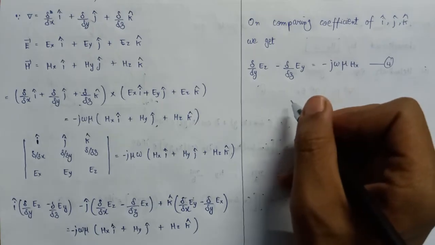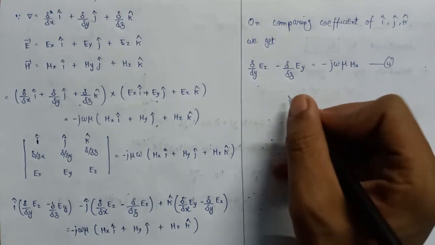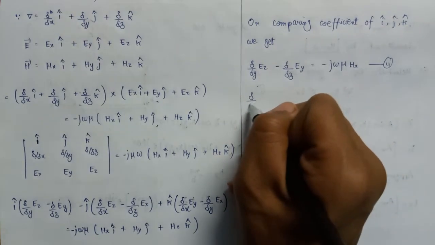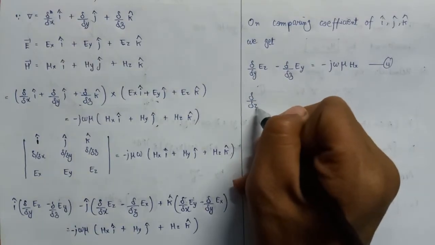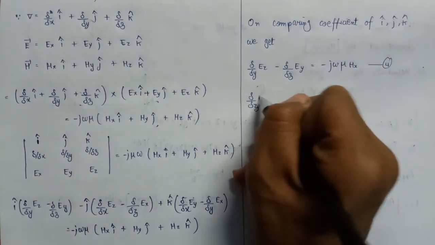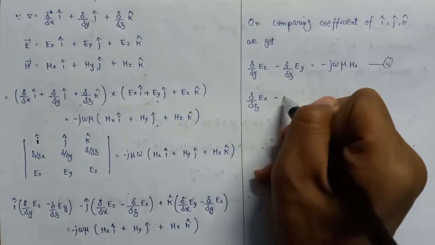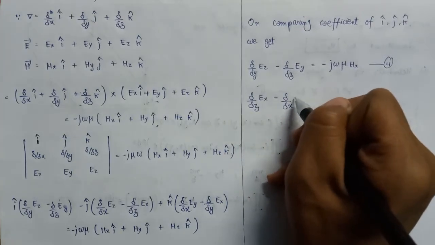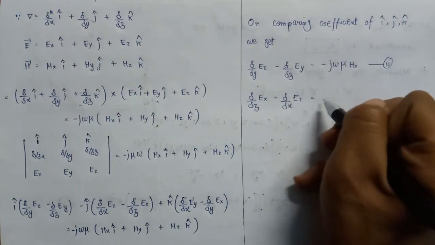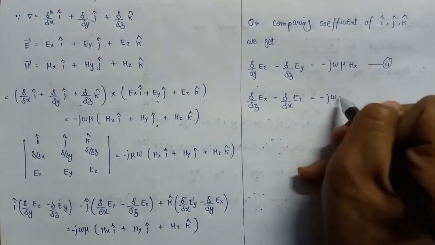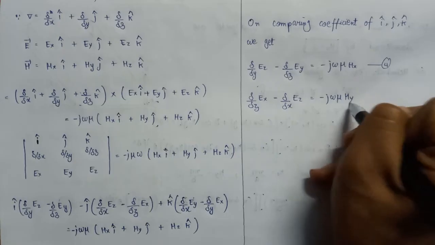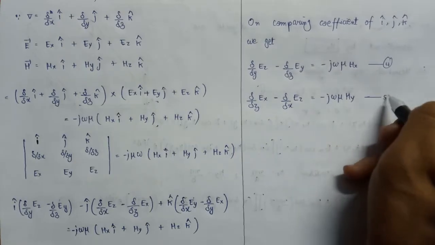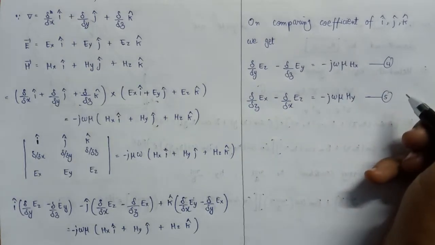Similarly, on comparing the coefficient of j cap, we get del over del z into Ex minus del over del x into Ez, that is equal to minus j omega mu into Hy. This is equation number 5.